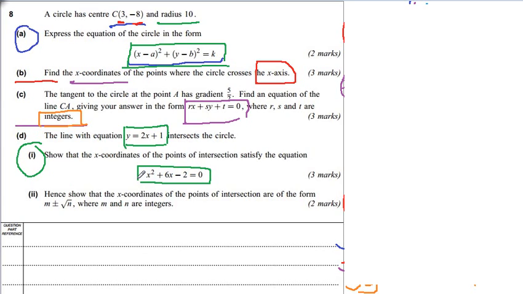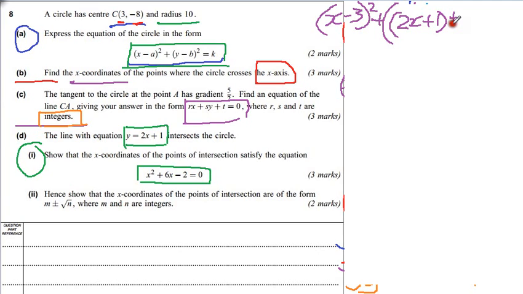So let's do that. It's going to be quite messy, but never mind, do it anyway. Right, so give myself a bit more space here. x minus 3 all squared plus big brackets, little brackets, 2x plus 1. We've just replaced the y with 2x plus 1.